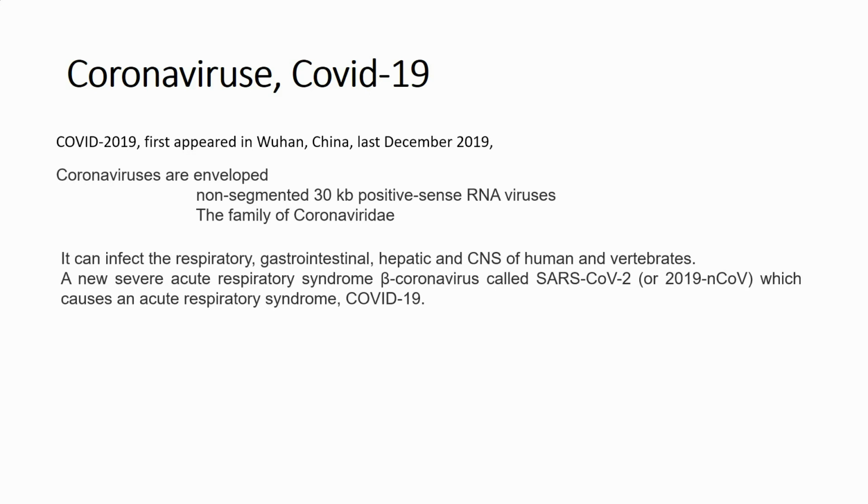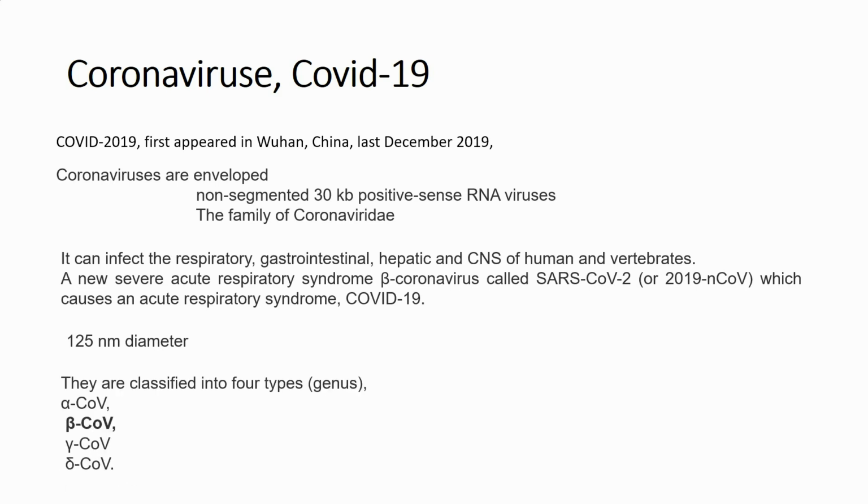The main problem of this disease is SARS-CoV-2, or severe acute respiratory syndrome. It belongs to the beta coronavirus genus. It has a 125 nanometer diameter. It's almost big. As you know, we have 4 types of coronavirus genus: alpha, beta, gamma, delta.